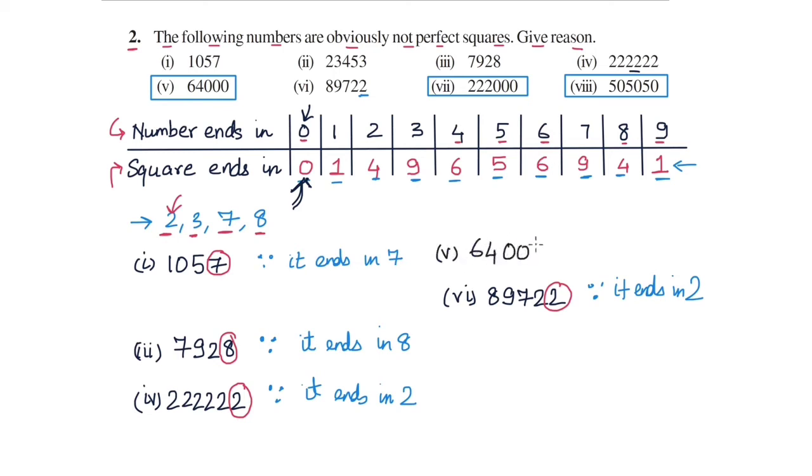So let us check out these parts also. In the fifth part, we have 64000. Now, if you count the zeros, there are 3 zeros in the fifth part. So the main concept behind this is, if a perfect square number ends in 0, then the number of zeros at the end of the number must be even.